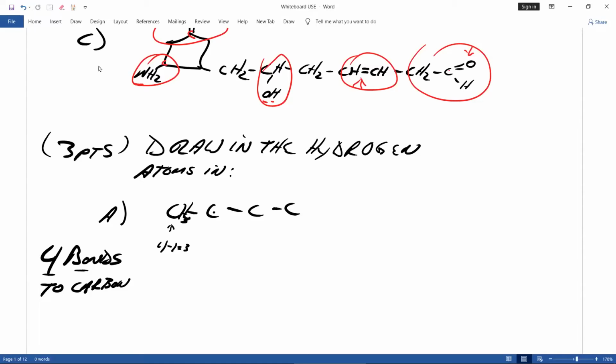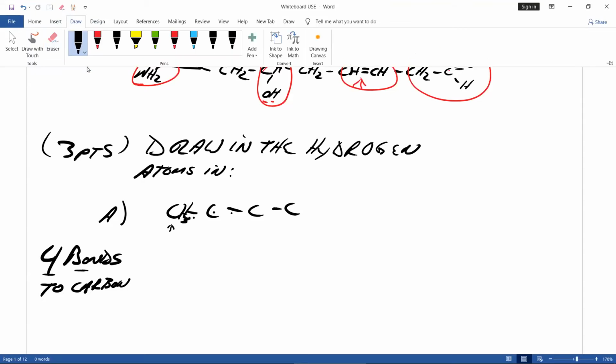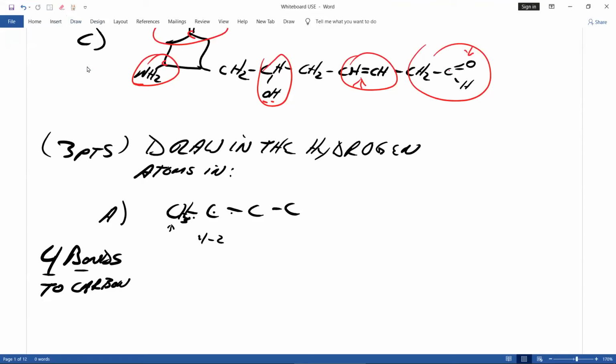This carbon, 1 line, 2 lines. How many bonds do you see? 2. But there should always be 4 bonds to carbon. Therefore, 4 minus 2 equals 2. So that has 2 hydrogens.